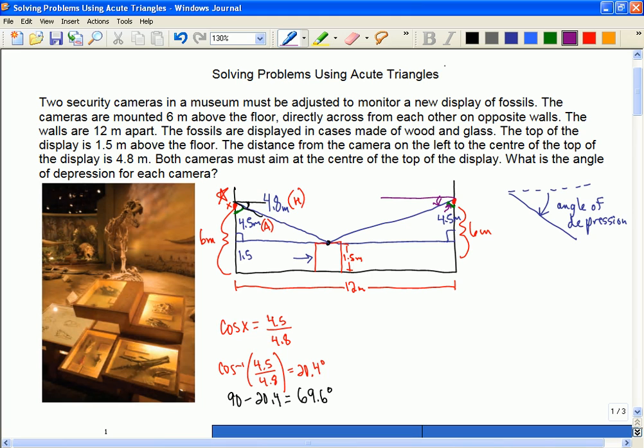Did anybody... Sure, James, why don't you tell us about it? You made a triangle out of the whole thing? Okay, so you drew in the top piece? Okay. Oh, wow, okay, yeah.